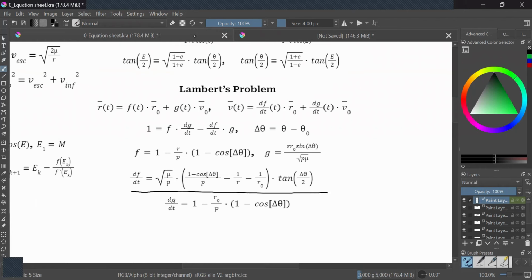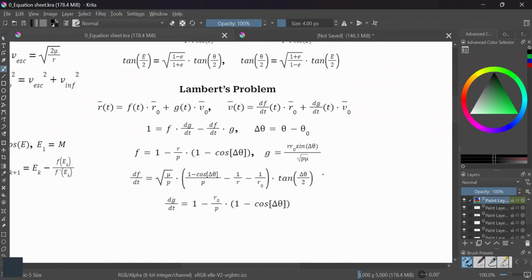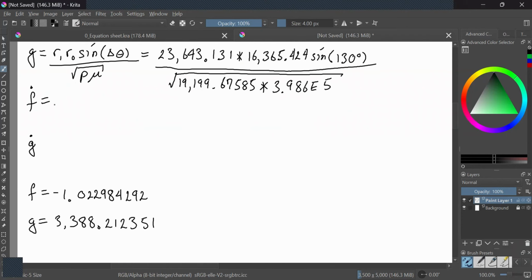And I need to remember to include the tangent because the number of times that I've done this set of calculations and keep forgetting that tangent. Anyway, I'm not going to copy the equation over because I'm going to run out of room.